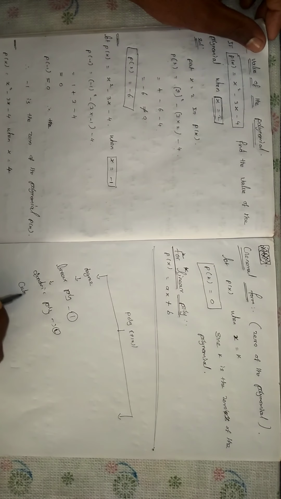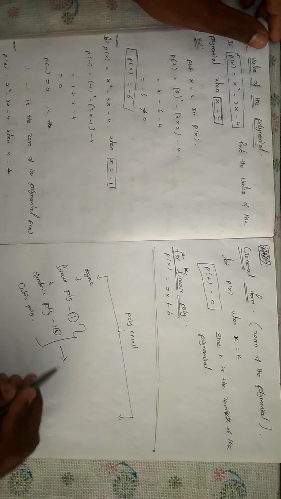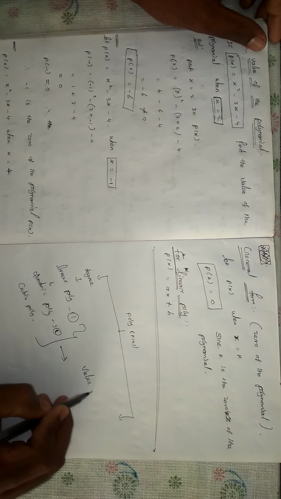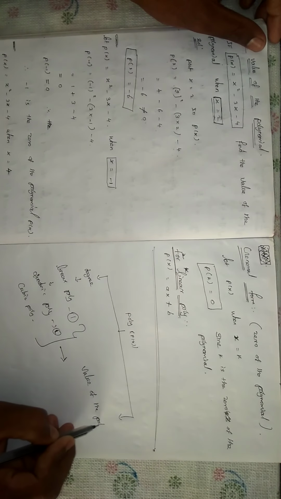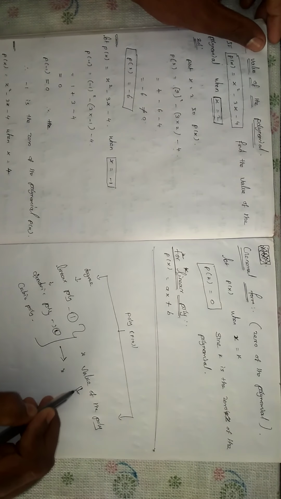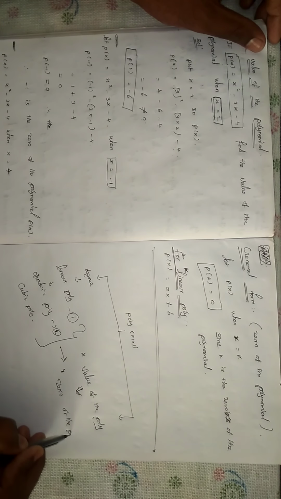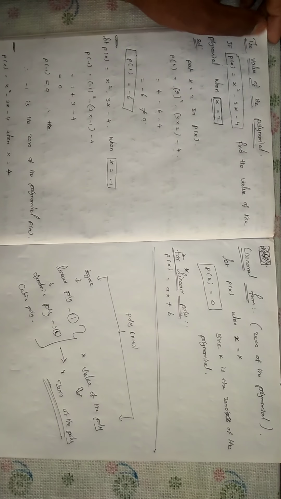Next, cubic polynomial. Clear? In these polynomials, we find the value of a polynomial. From this value of a polynomial, we should learn what is the zero of the polynomial. Are you all clear? Any doubts?